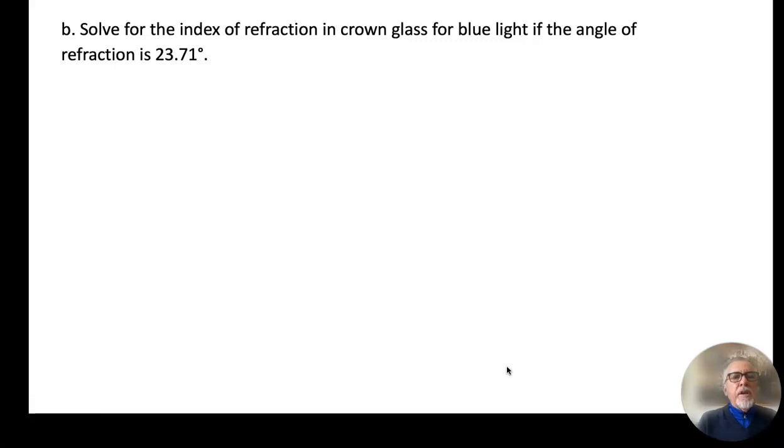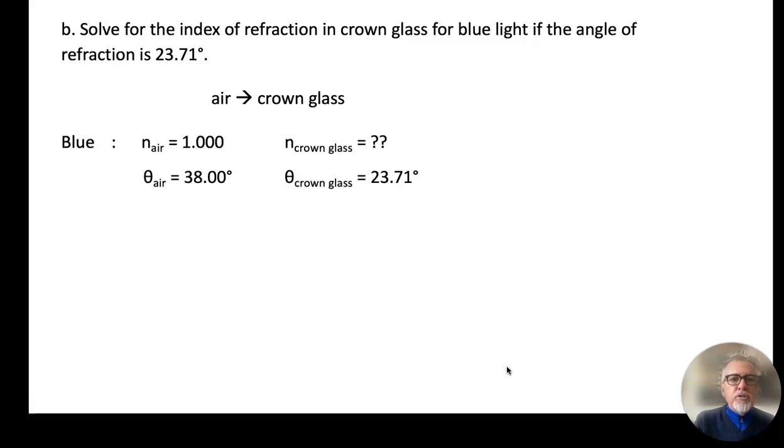Okay, let's do problem B now. Solve for the index of refraction in crown glass for blue light if the angle of refraction is 23.71. So this is the same exact problem, but with a new angle of refraction. We're going from air to crown glass. You're going to write down your knowns and your unknowns, and you're going to write down Snell's law.